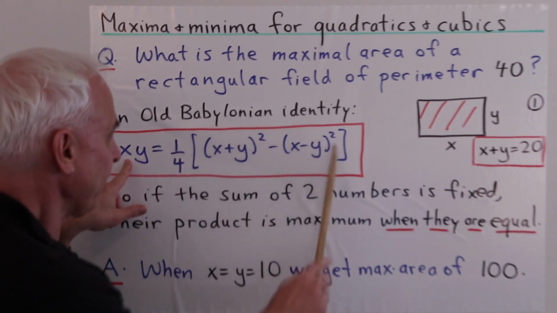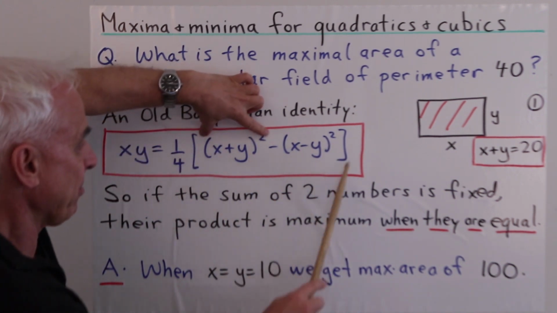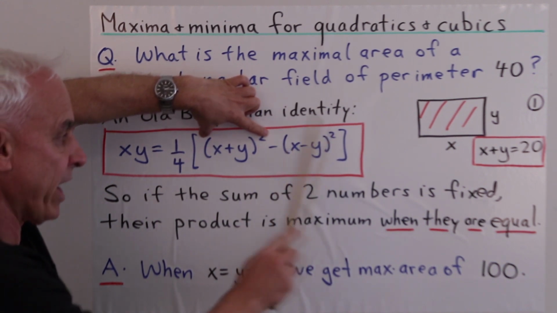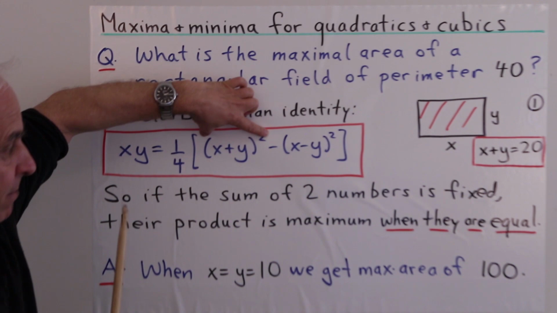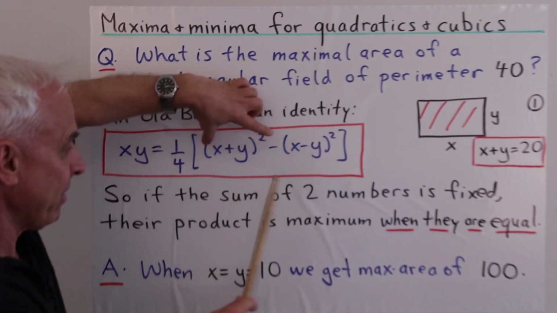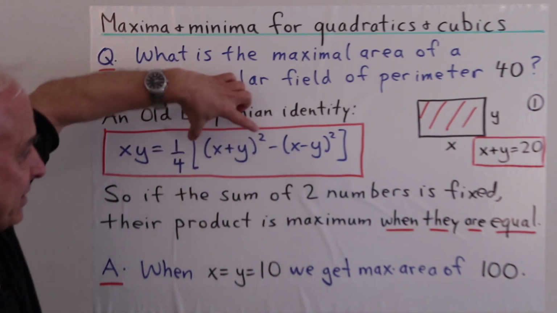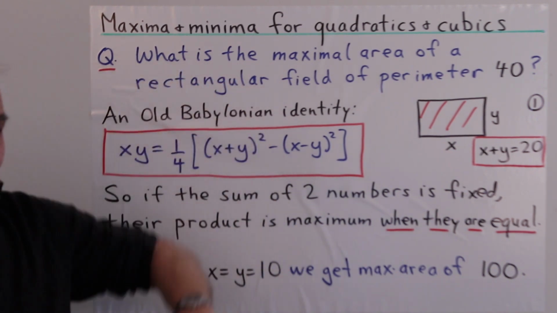Well, according to this, if this is fixed, then the only thing that's variable on the right-hand side is the difference. And the difference squared appearing here means that this is going to be maximum when this positive quantity that we're subtracting from here is 0.